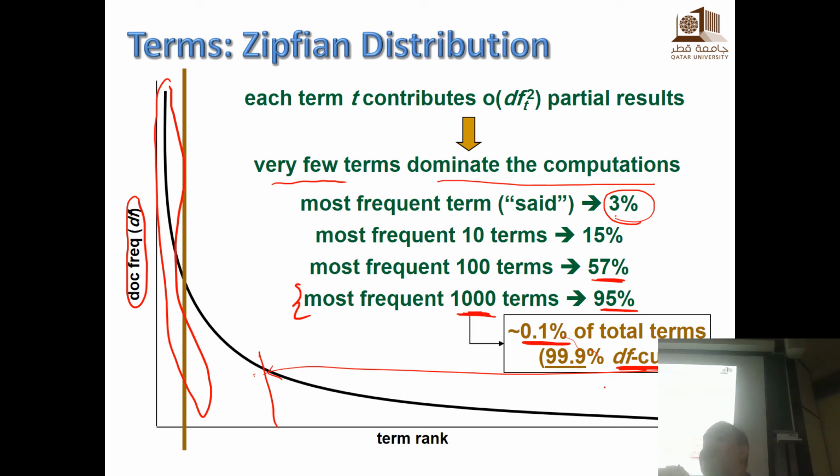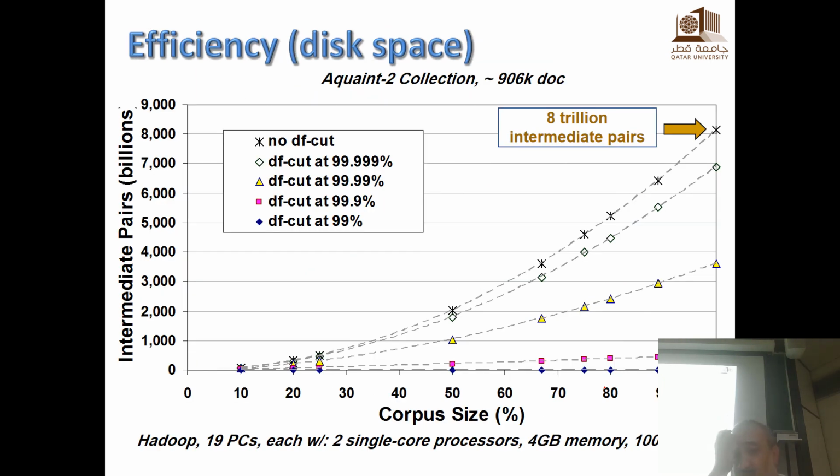We will keep 99.9% of the terms, just remove 0.1% of the terms, and we get a reduction in time, roughly, by 95%. So let's see what will happen if we do that. Now we have multiple curves, right? Where is the original curve? This is the original curve, this one, with the 8 trillion intermediate pairs when we have 100%.